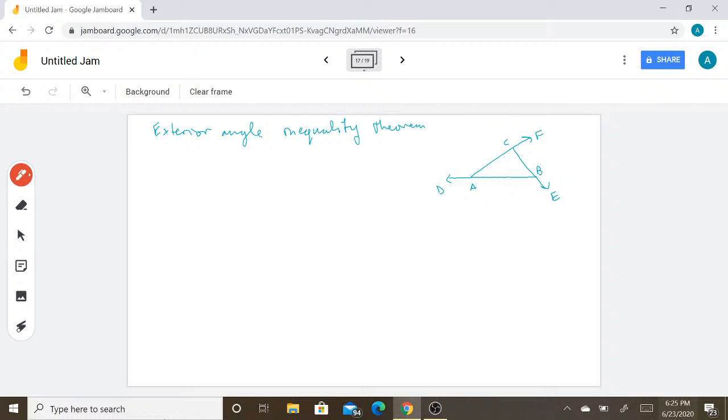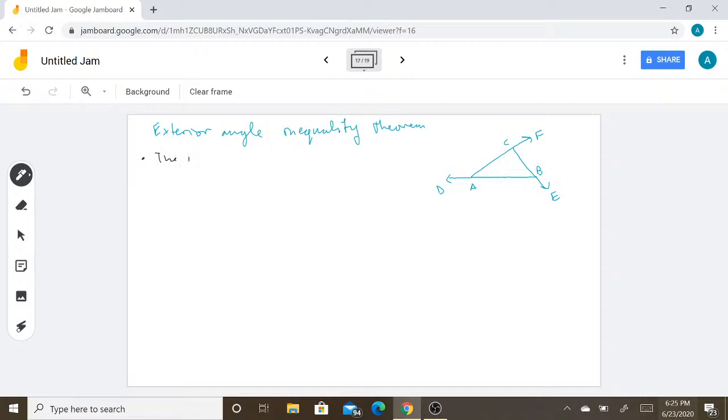So the exterior angle inequality theorem goes hand in hand with that, and it basically means that the measure of an exterior angle of a triangle is greater than the measure of either non-adjacent interior angle. So what that means is that, let me just write the definition first.